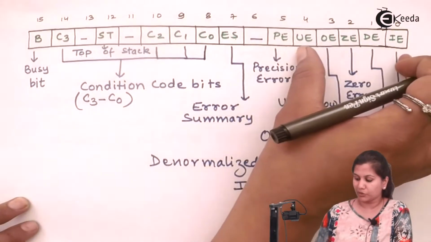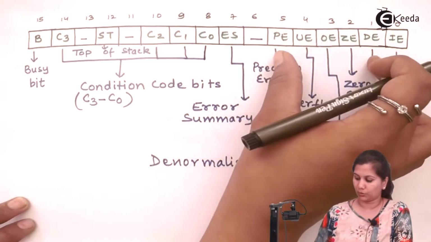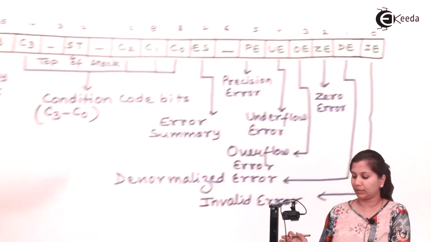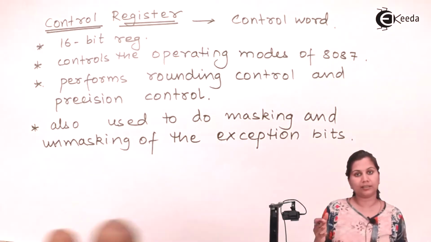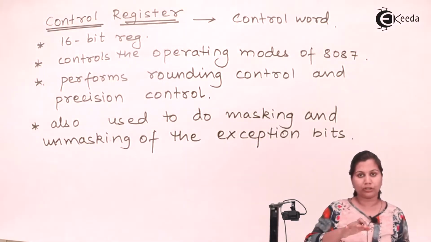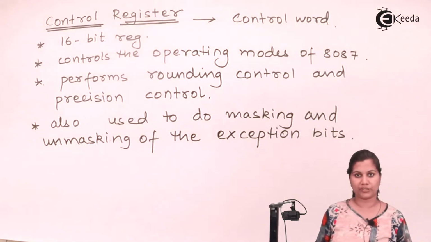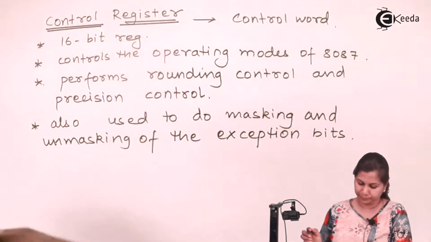These are called the exception errors and exception flags also. Okay, so to mask and unmask these bits, their masking and unmasking is done in the control register. So for these exception flags we are having corresponding bits in the control register or control word also.